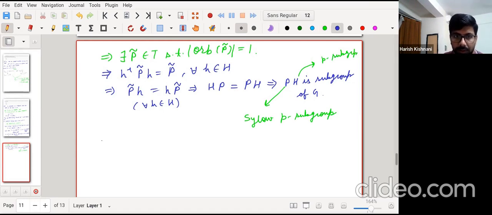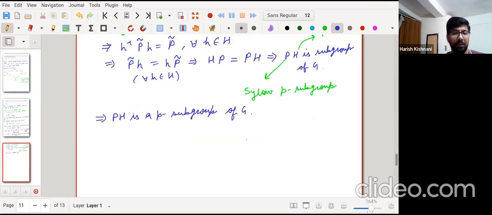So what we get, PH is a P subgroup of G, right? Because both have orders as some powers of P only. So the order of PH is the order of P times the order of H, and the order of P is a power of P, and the order of H is also some power of this prime P. So their product will again be some power of P. So it's a P subgroup of G.